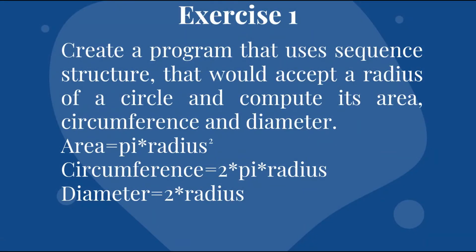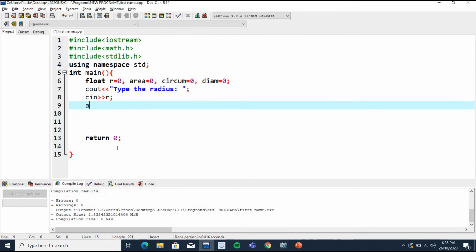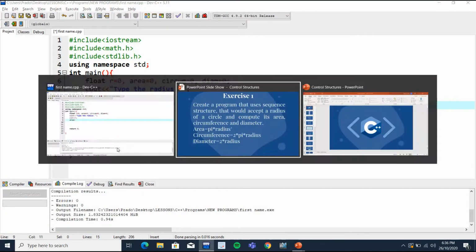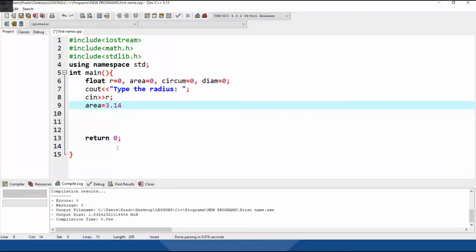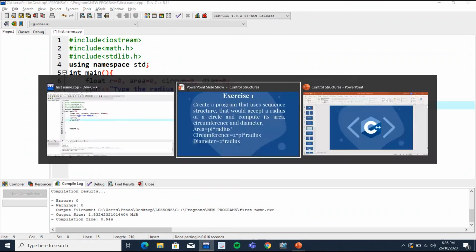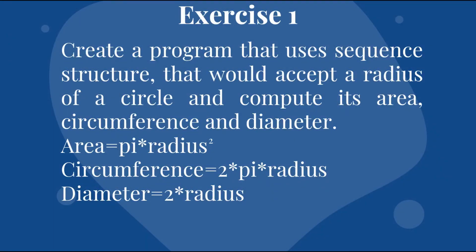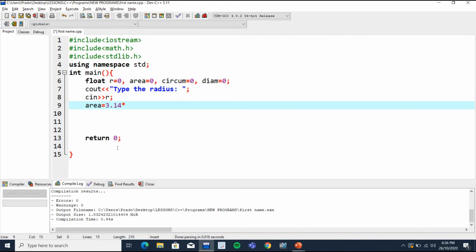After nito, we will type the formula for area, circumference, and diameter. So, area is equals to pi, which is 3.14, pi times radius. So, radius is r.